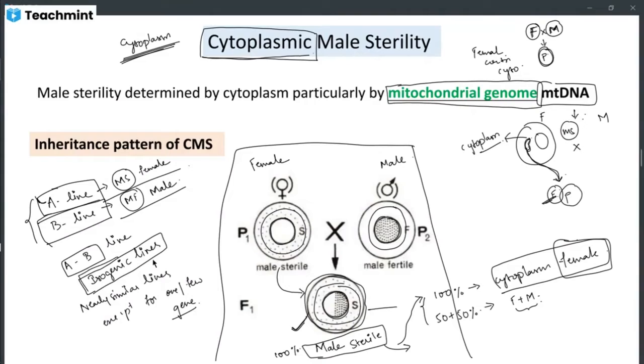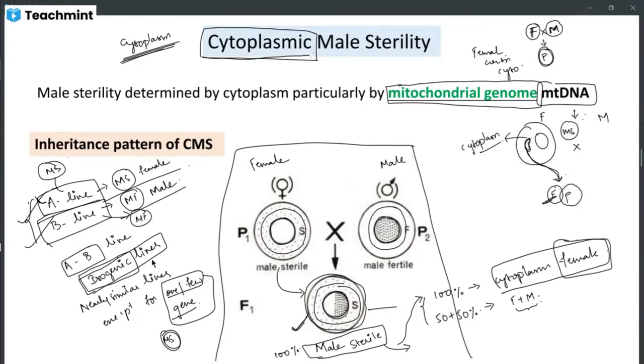Nearly all the genes will be similar except for one or a few genes, whereas in our condition it is the male sterile gene. So this A line and the B line are isogenic lines except for male sterility, which means your A line is male sterile but the B line will be male fertile, right?